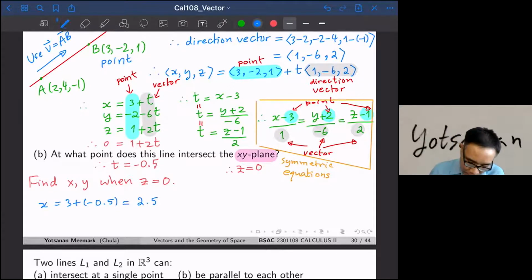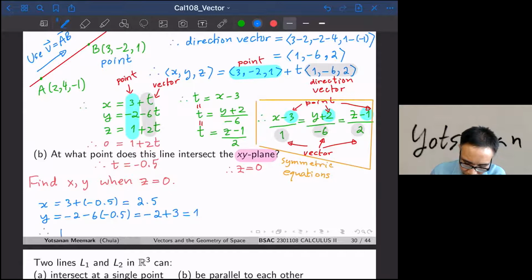And y equals negative 2 minus 6 times negative 0.5, so it's negative 2 plus 3, equal to 1.